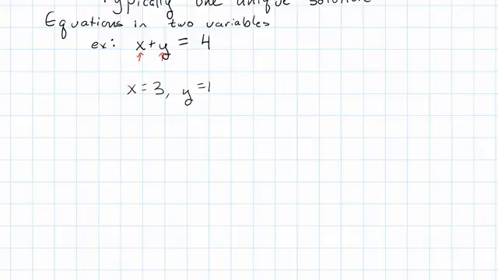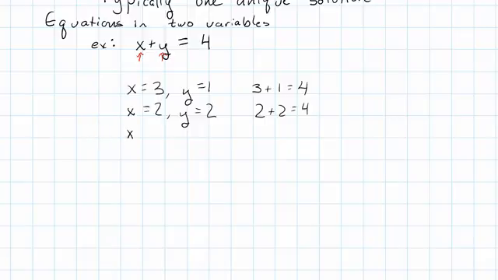That's a solution because when I plug those in, 3 plus 1 does indeed equal 4. Recall, a solution to an equation is just a list of values for the variables that make the equation true. But also, x equals 2, y equals 2, 2 plus 2 equals 4.